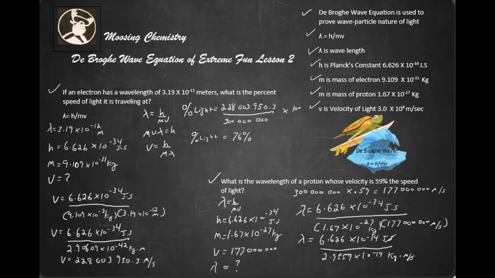Joules and kilograms will cancel out, and the wavelength is actually going to be 2.24 times 10 to the negative 15 meters. And that's your answer.